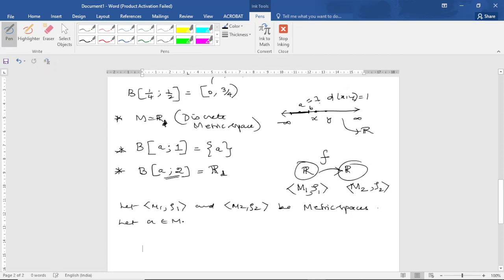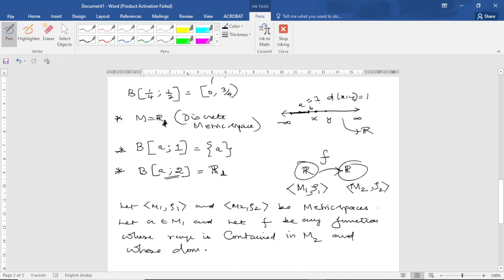Let A belong to M1 and let f be any function whose range is contained in the metric space M2 and whose domain contains some open ball, say B, whose center is A and radius is h, with h greater than 0.